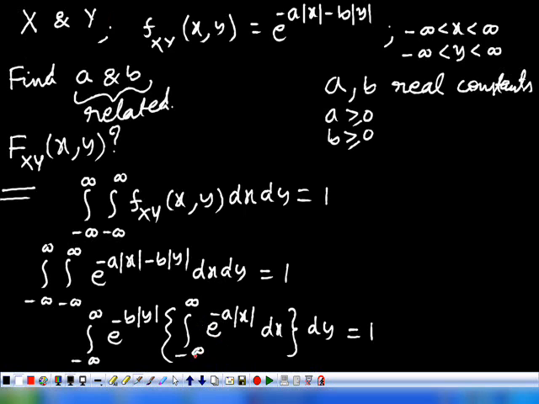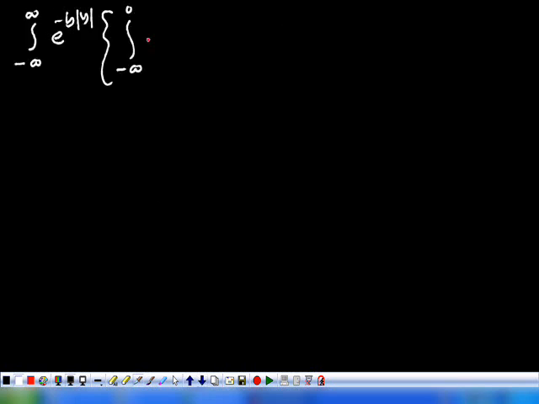For minus infinity to 0, x is negative, so minus of minus you will get plus, e power ax dx, plus from 0 to infinity, you will get e power minus ax dx.